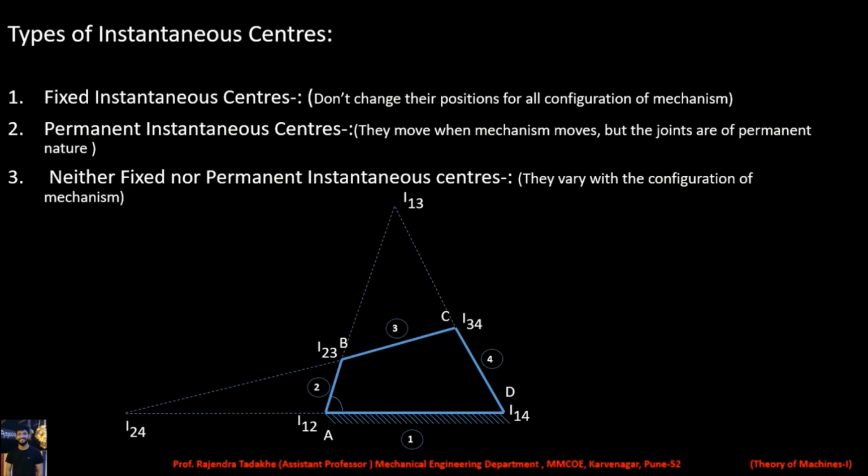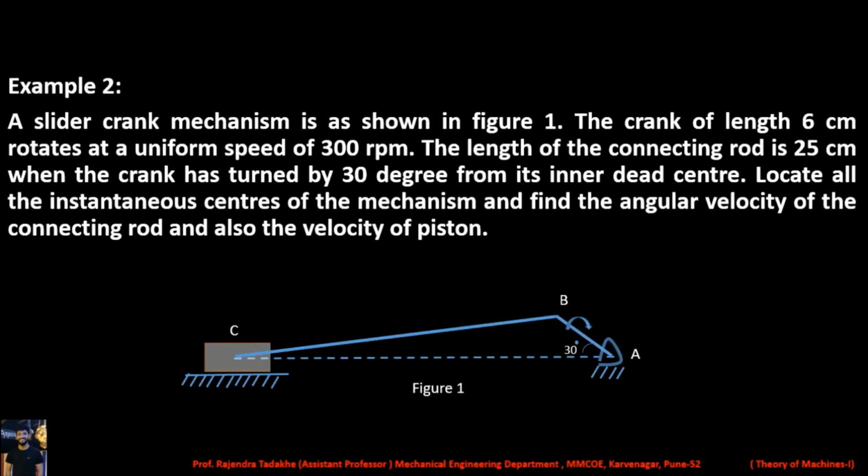And finally, we have tried to understand the general procedure to locate the instantaneous centers for the given mechanism. So in today's lecture, we will see another problem of the slider crank mechanism for the velocity analysis by using instantaneous center method. So let's move to the problem.